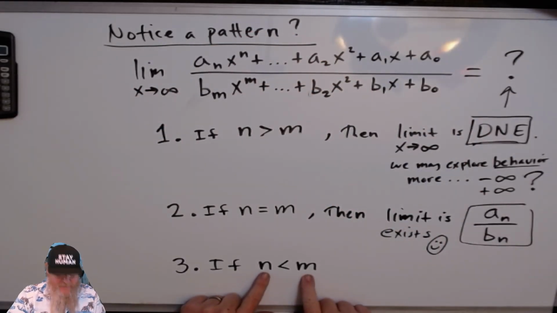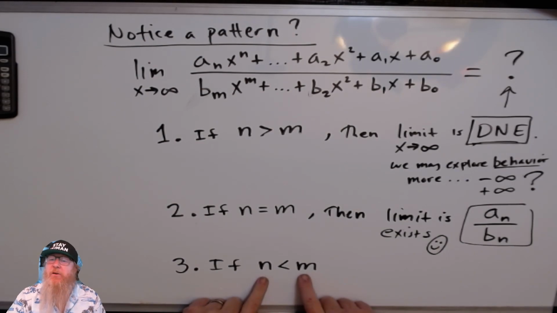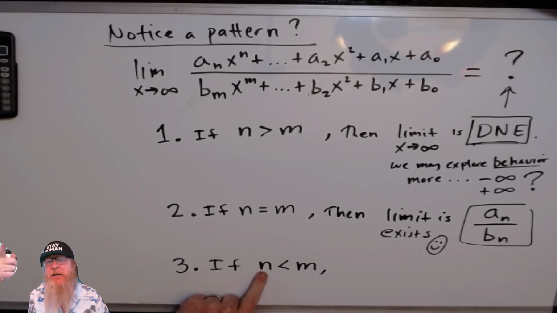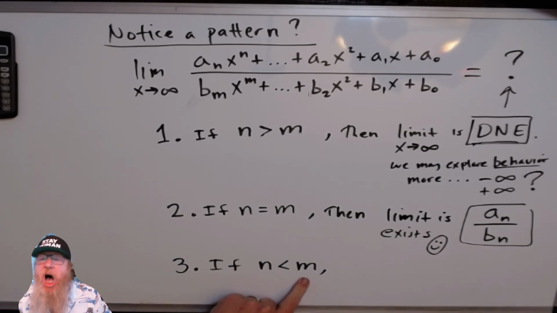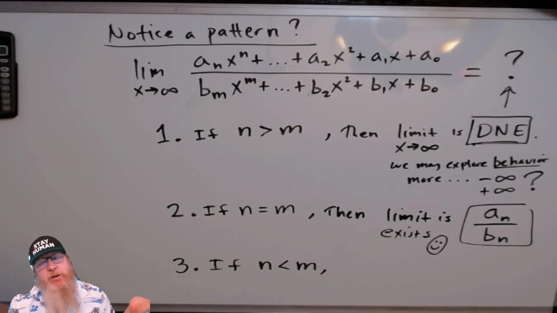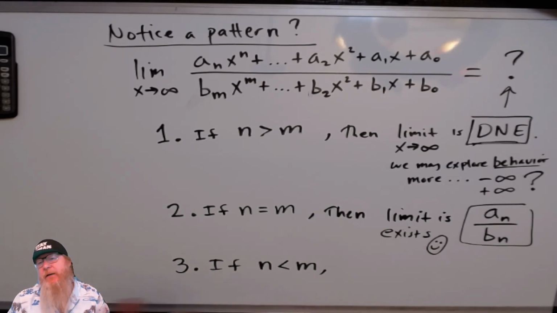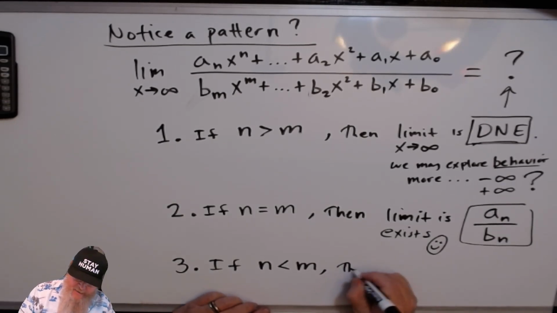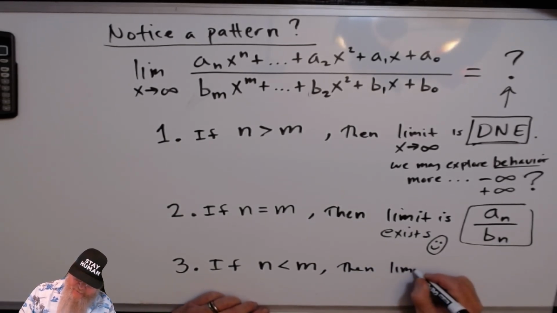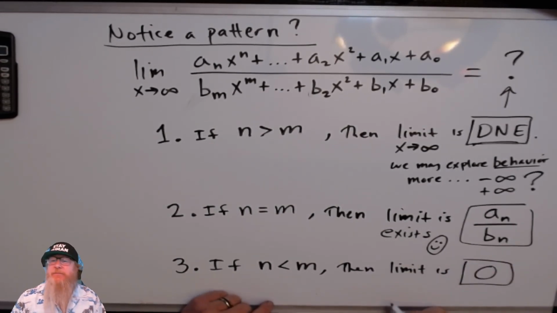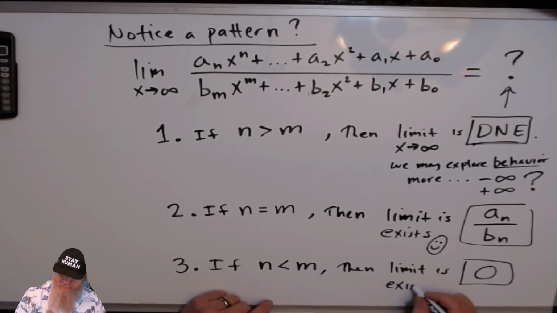So anytime the top power is smaller than the bottom power, it's interesting, n is numerator, but m is denominator. Could use d for denominator. I use m, denominator. Then the limit is 0. And it also exists.